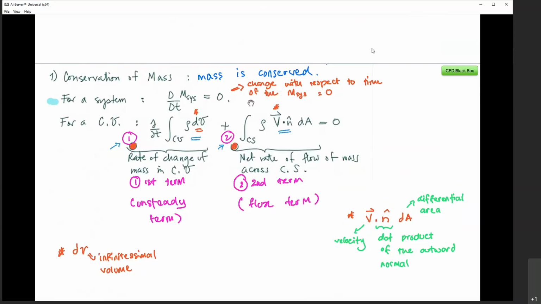The first term is basically the unsteady term, and the second term is the flux term. It is the unsteady term because we are dealing with time, dt, and the flux term because we are dealing with the velocity in the outward normal direction. dA is just the differential area.